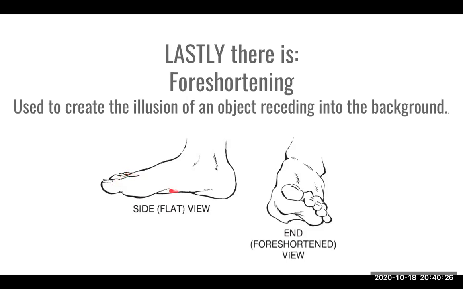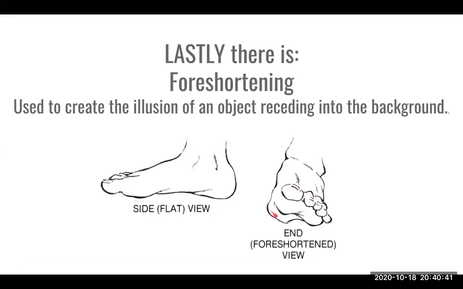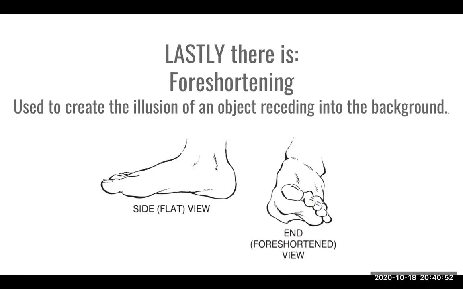And then this is a more extreme example of foreshortening, which is, as you can see, how the toes are lining up and even almost becoming the same amount, like they're even bigger than the heel here. So this is an example of foreshortening. That's something that you would do with a figure, which we're not doing for our assignment, but it's good for you to know.